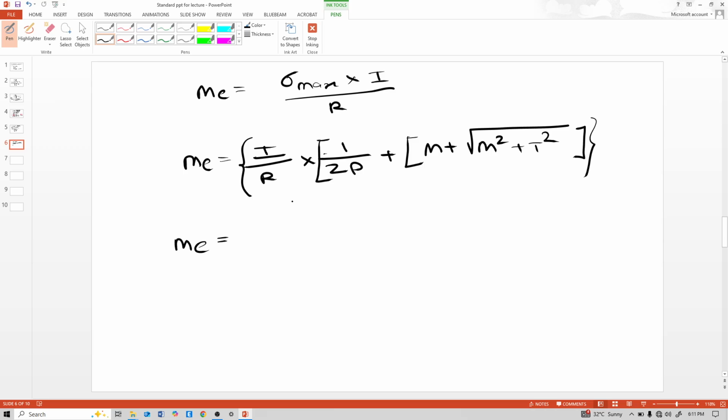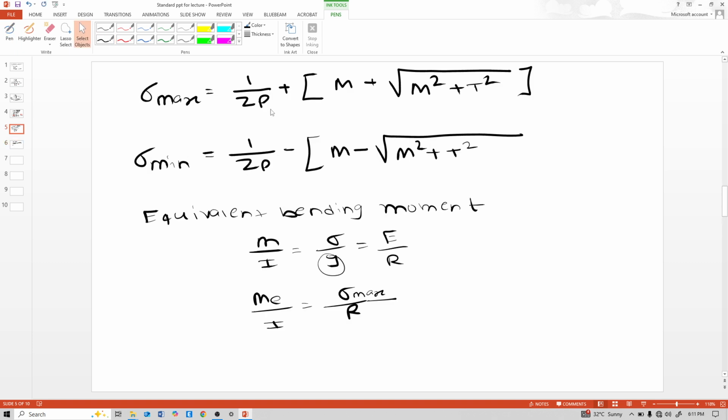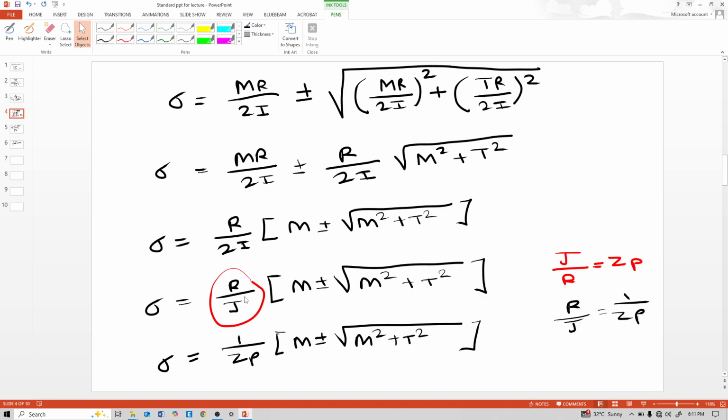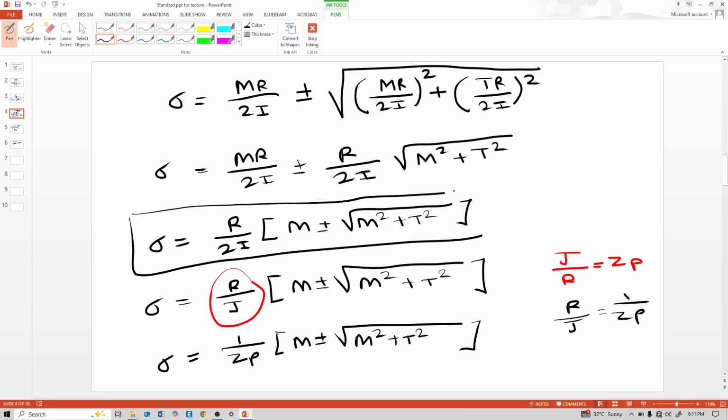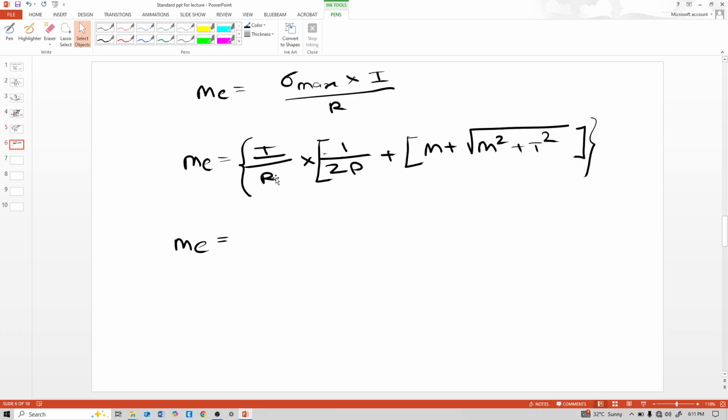See, this sigma max we write this way because here R by 2I comes, and here I by R comes.